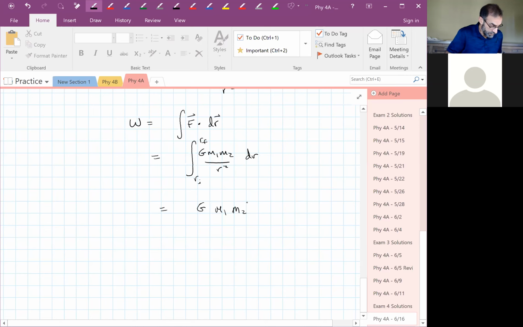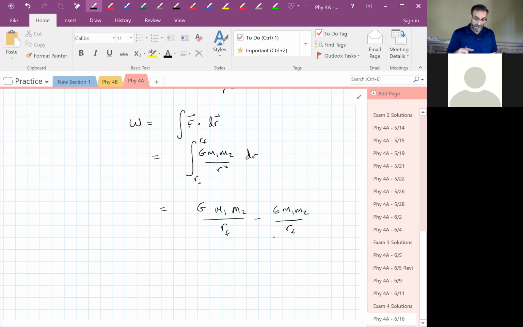And what do we get? We get a negative 1 over r. When you integrate 1 over r squared, you get negative 1 over r, and then you evaluate this. I think there's a minus sign because of the direction we're moving.